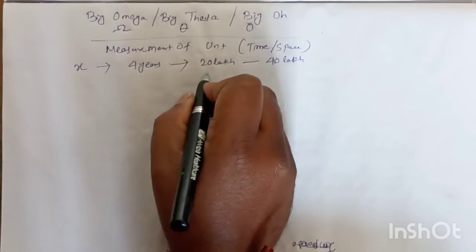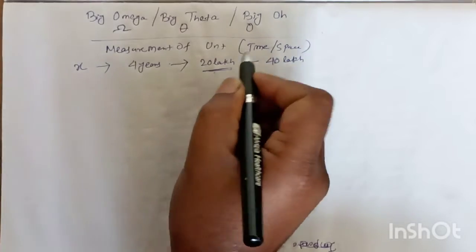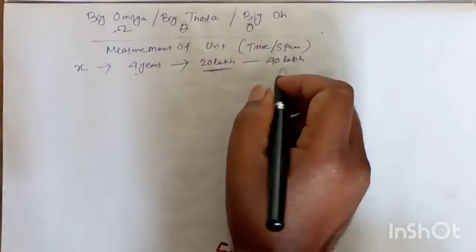So the company tells that the minimum it will spend is 20 lakh for any 4 years candidate, and the maximum we can give is 40 lakh.